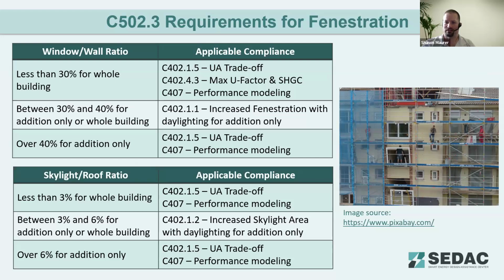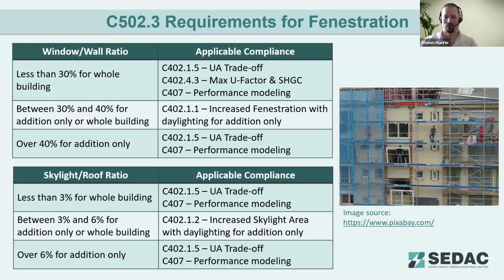For fenestration, the exception for additions to a building in C502.3 is that I'm going to kind of lump these together for vertical fenestration and skylights just by talking about the vertical fenestration component.